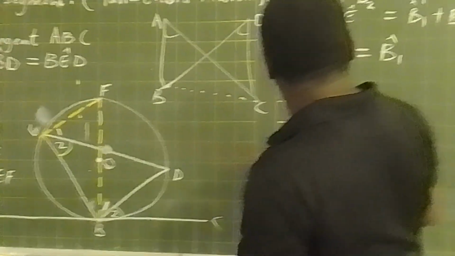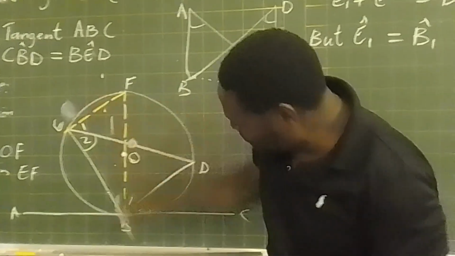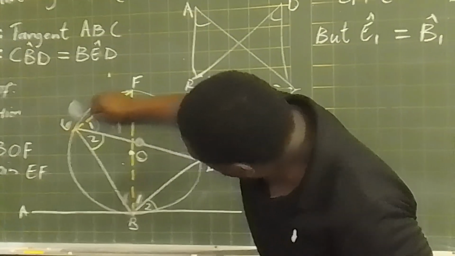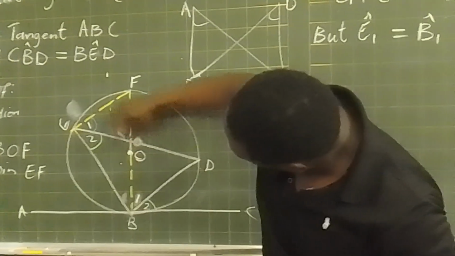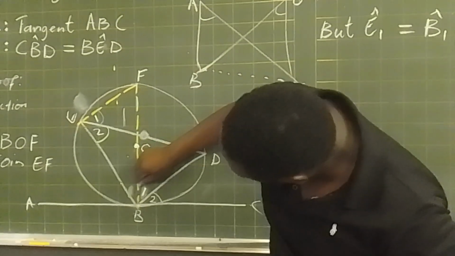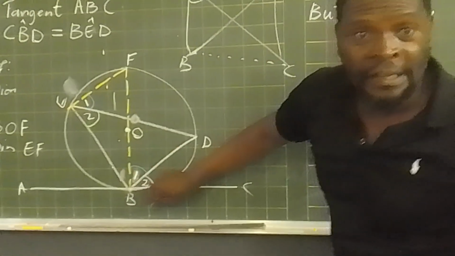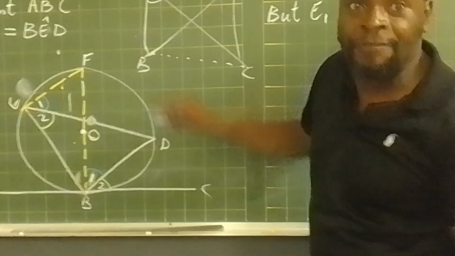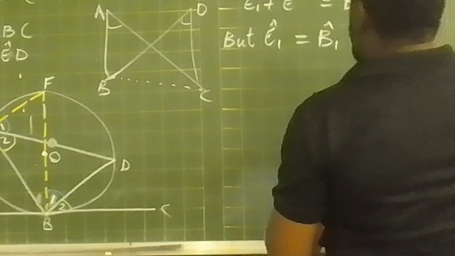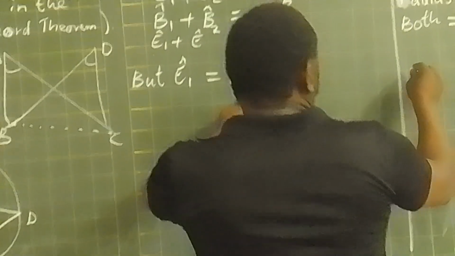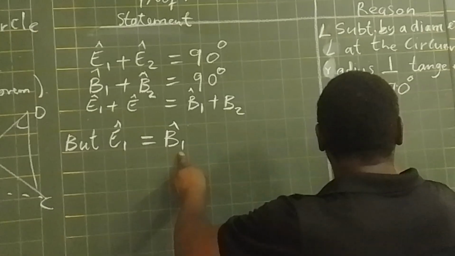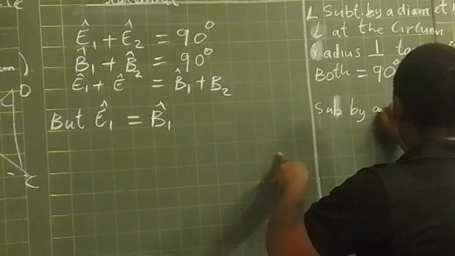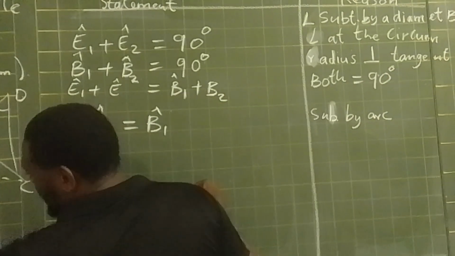You see this E1 and B1. Here is your E1 and B1. They are all subtended by arc FG.